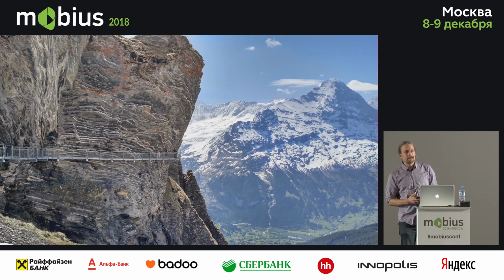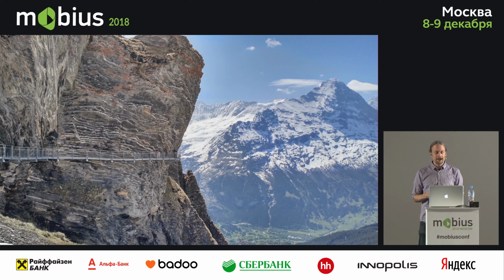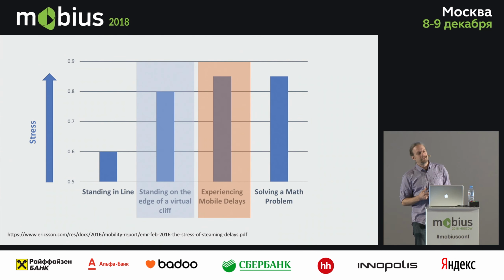About 2 years ago, Ericsson did a study, and in this study, they put sensors on people's heads to measure stress responses to different activities, and they found that standing in line made people feel a little bit stressed. They found that standing on the edge of a cliff really stressed people out. But interestingly, they found that a slow mobile experience is actually more stressful than standing on the edge of a cliff.